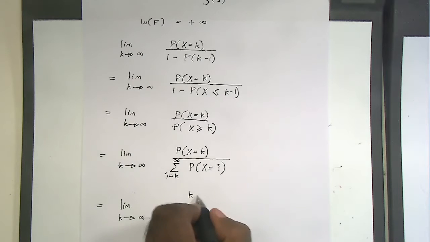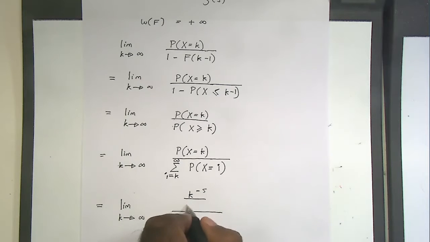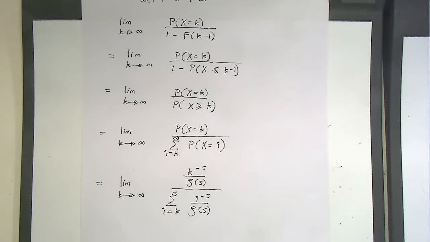We know the probability x equals k is this. Alright? Yeah, you can write like this.